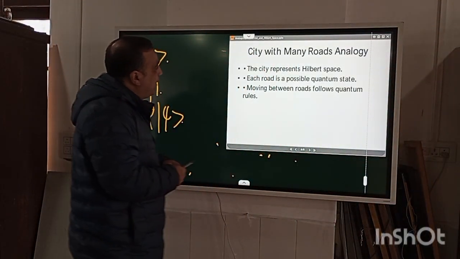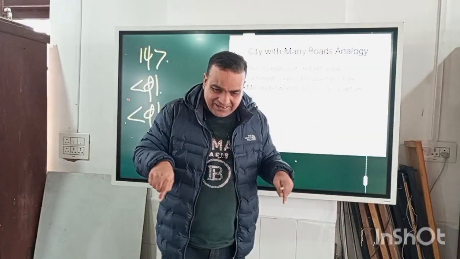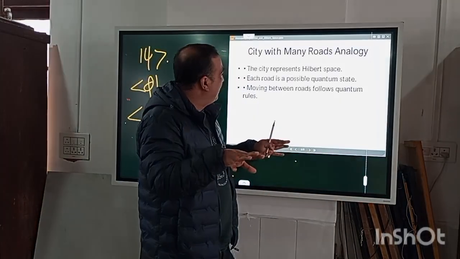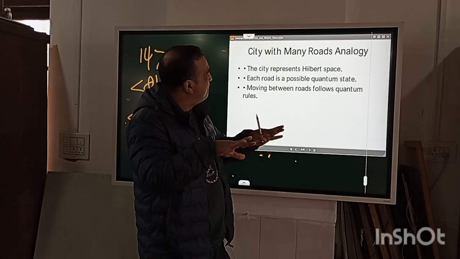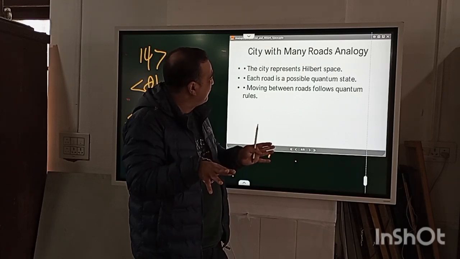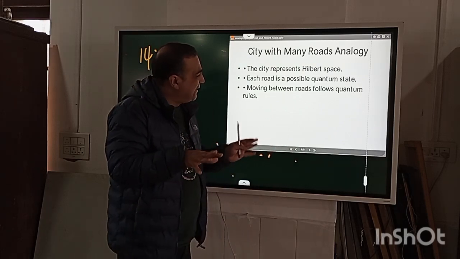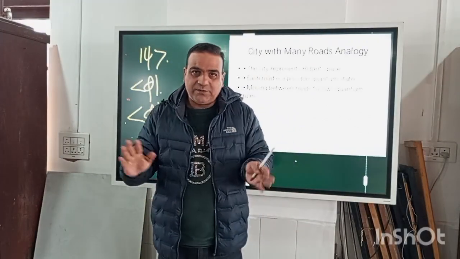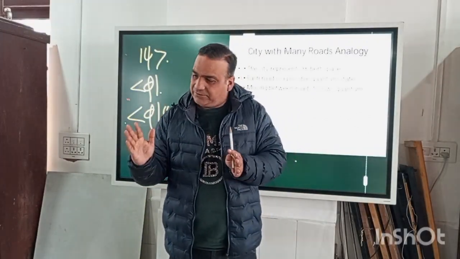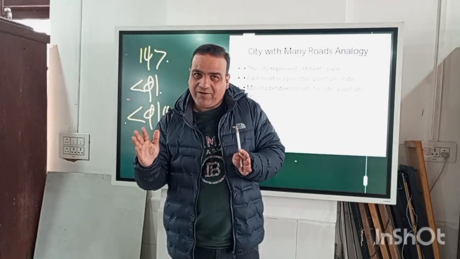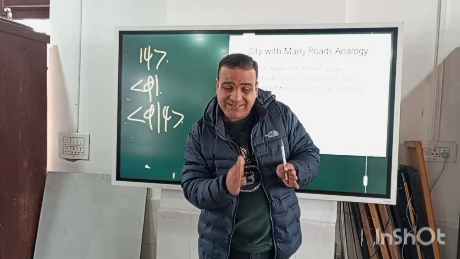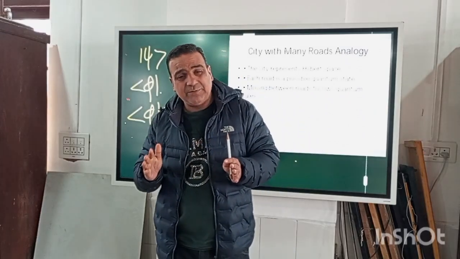So we have a city, and this city has many roads in it, and each road is basically a quantum state. So the quantum states are, as I said, the ket of psi, the ket of phi. These are the quantum states that exist inside the Hilbert space.